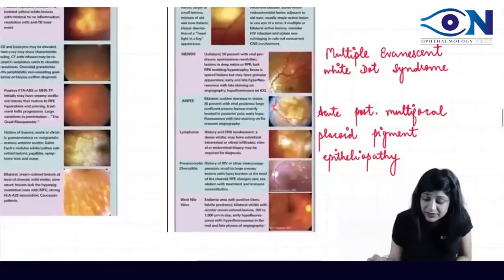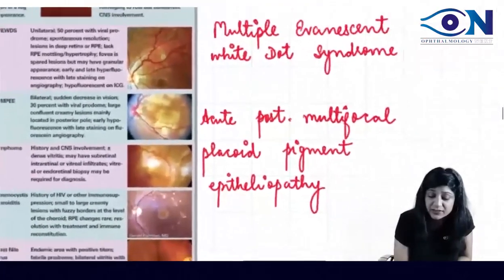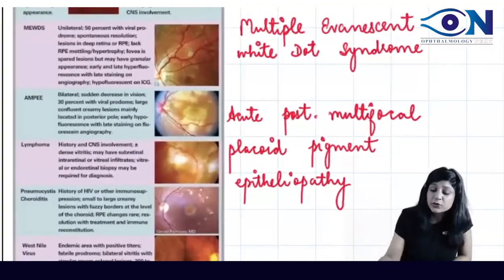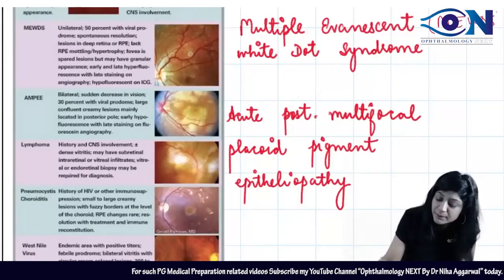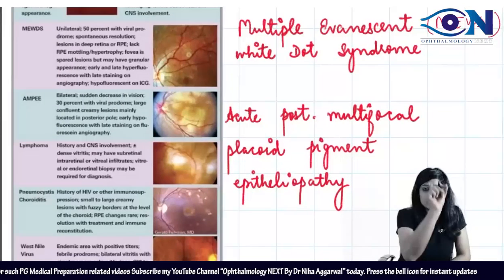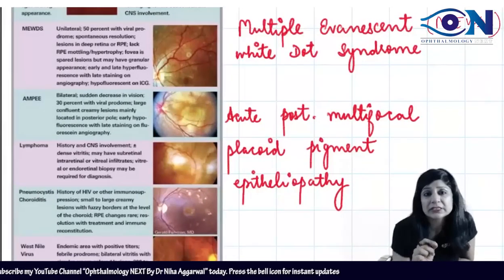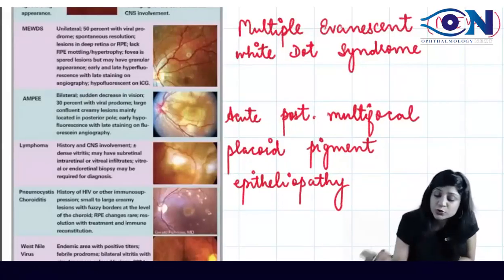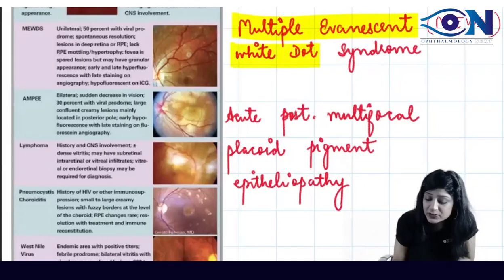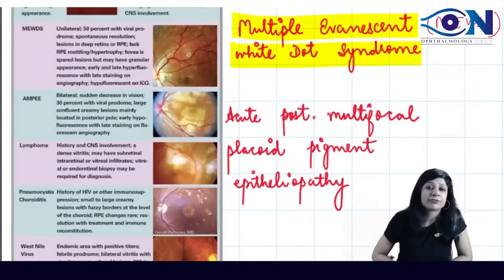Then a very important thing, you have two more short forms. MEWDS. This is your multiple evanescent white dot syndrome, and the birdshot chorioretinopathy, in which you get very small lesions. There is also there. So you should know the full form now, multiple evanescent white dot syndrome. There you can again have it.